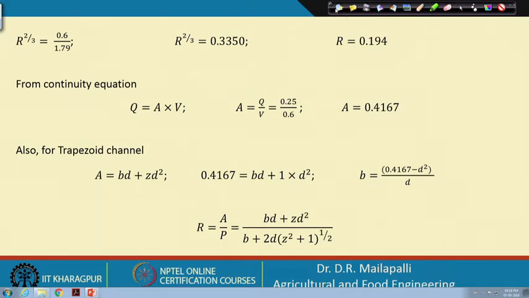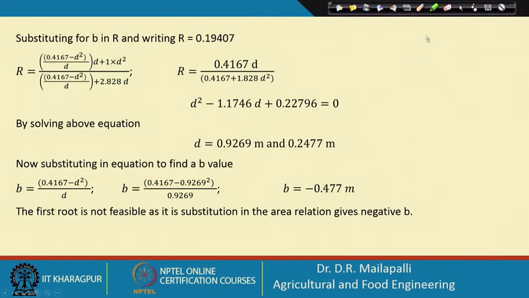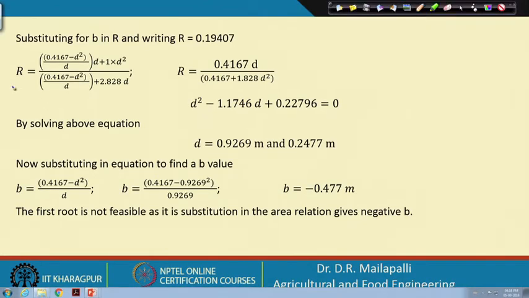Now, substituting values for B, A and R, putting all the values, R is equal to 0.19407. This equation is a quadratic equation: D square minus 1.1746 D plus 0.22796 equal to 0.